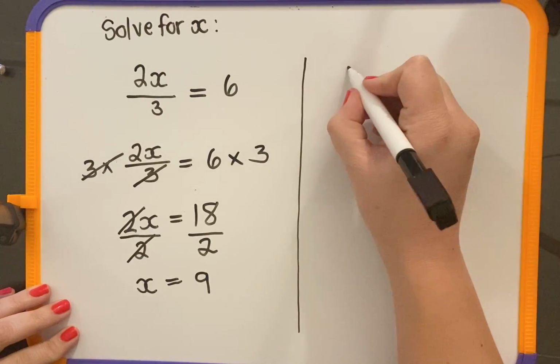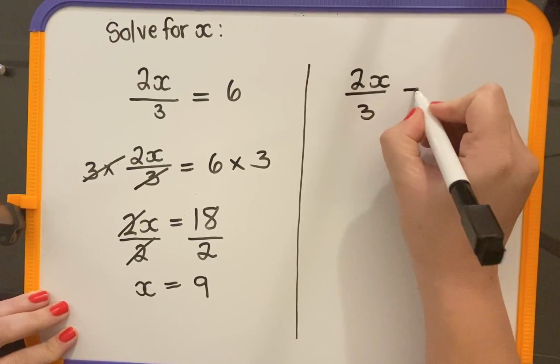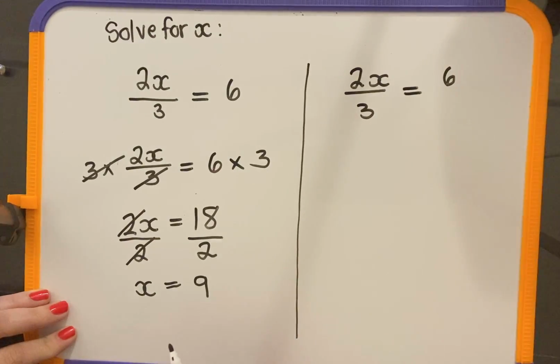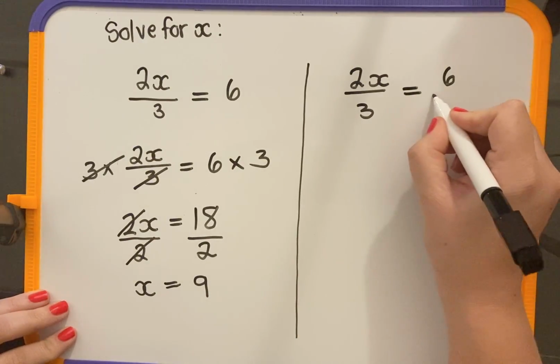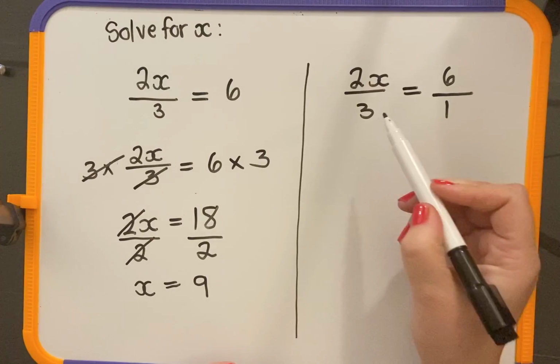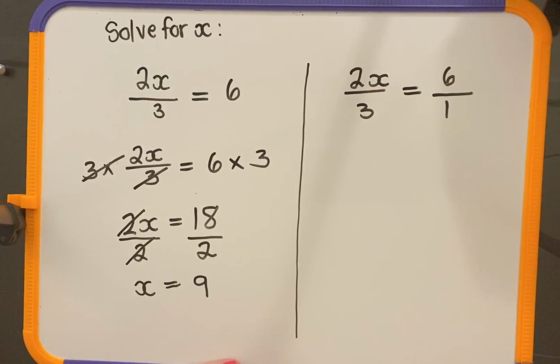Now, I mentioned that there is another way in which we could do this equation. Remember, this 6 is a whole number. And anytime we have a whole number, the whole number is over a denominator of 1. So if I look at this equation now, I have a 3 in this denominator and a 1 in this denominator.